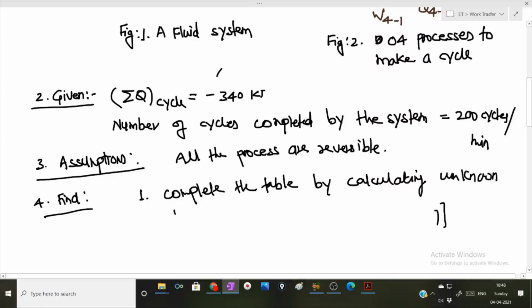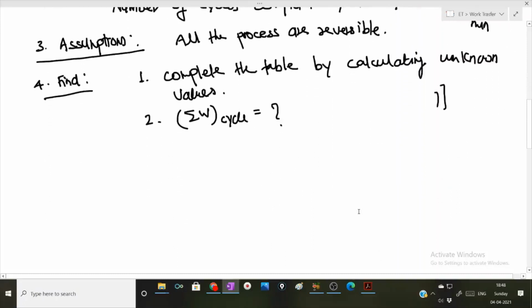This is the first task we are supposed to complete, the unknown values. And second is to calculate net work transfer in a cycle. So let us do the required calculations.